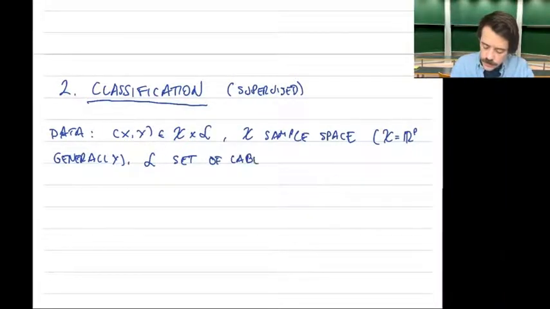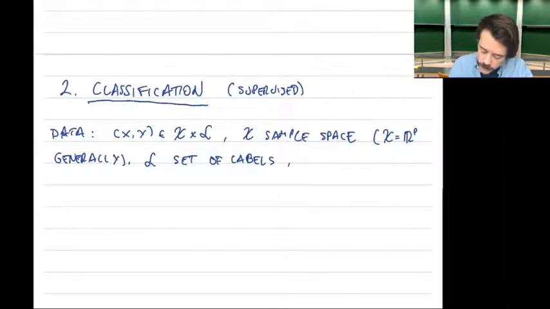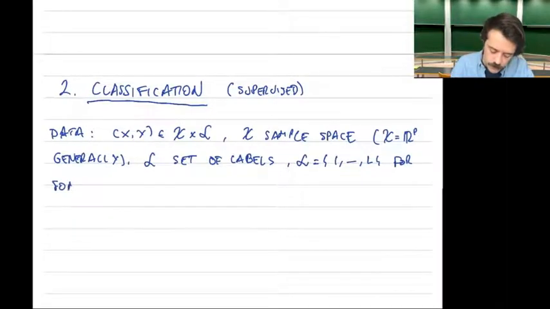So that's where the L is coming from, and without loss of generality, L is going to be 1 to capital L for some capital L in the natural numbers.